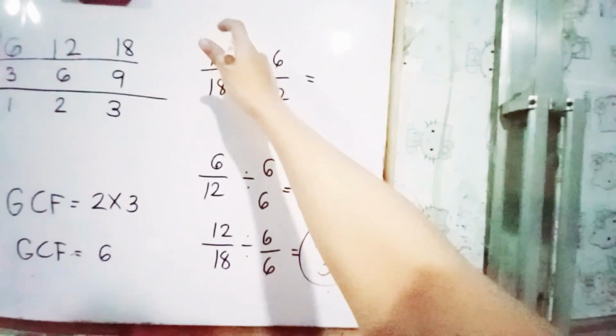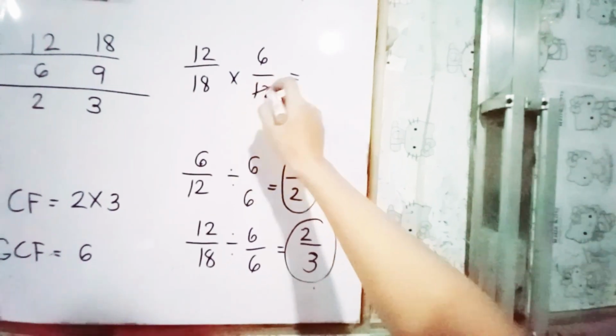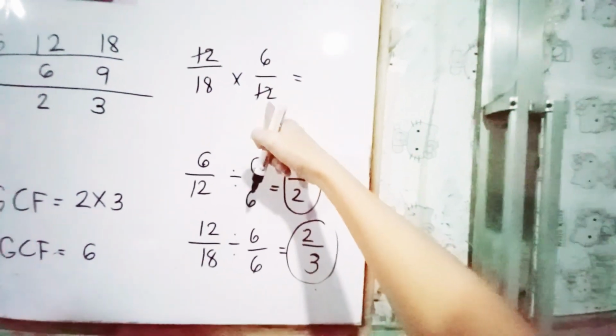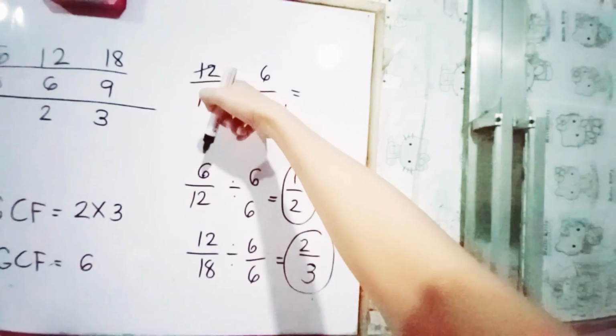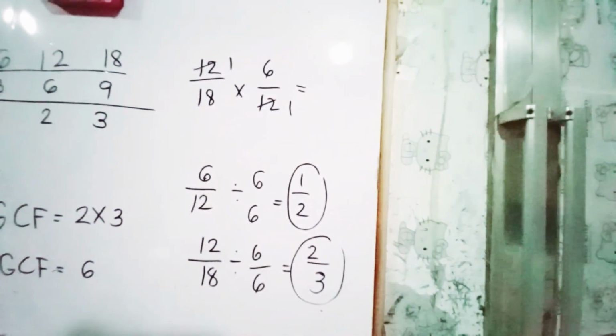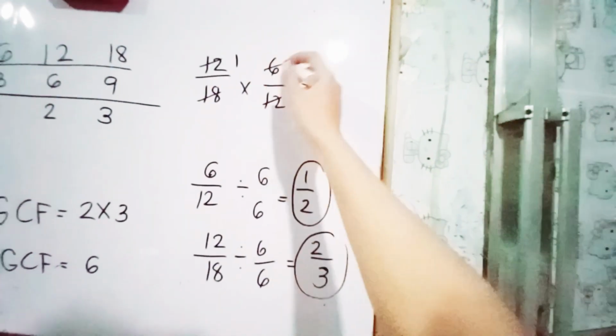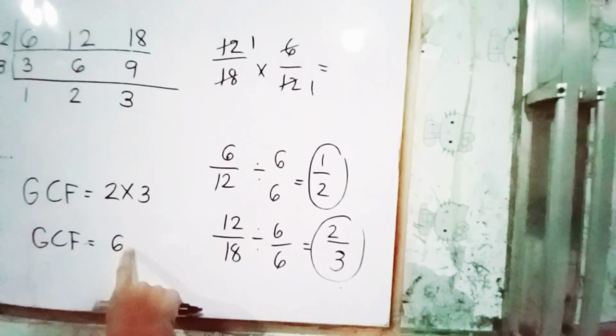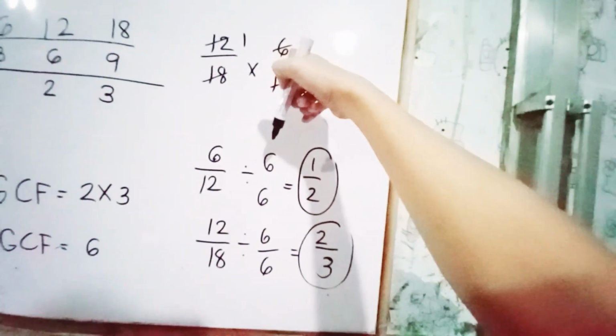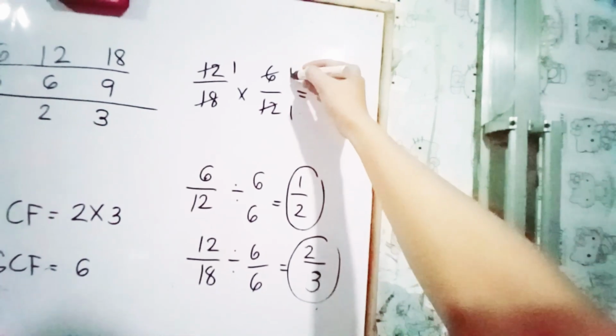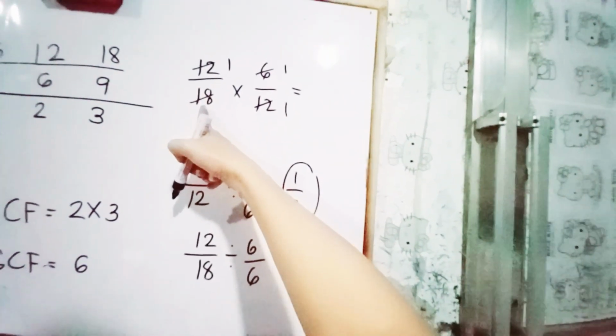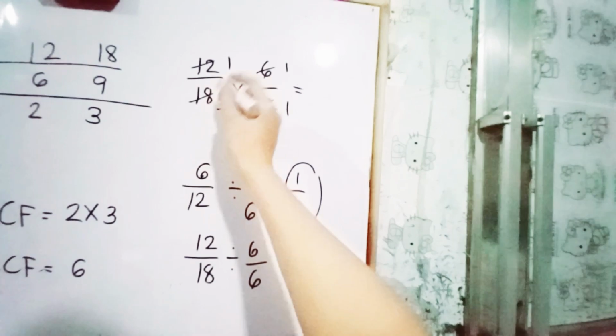So 12 and 12, their GCF is 12. So cancel. 12 divided by 12 is 1. 12 divided by 12 is 1. Okay, and then 18 and 6, their GCF is 6. So divide. 6 divided by 6 is 1. 18 divided by 6 is 3.